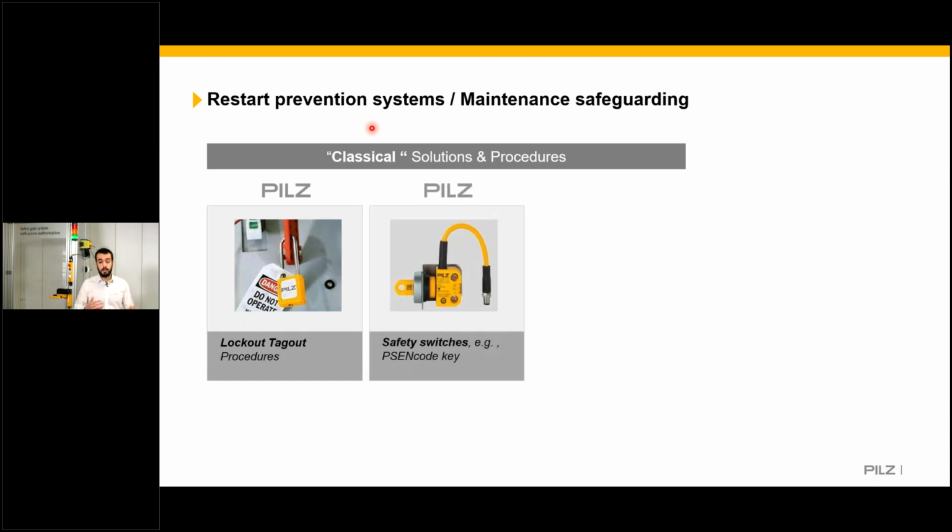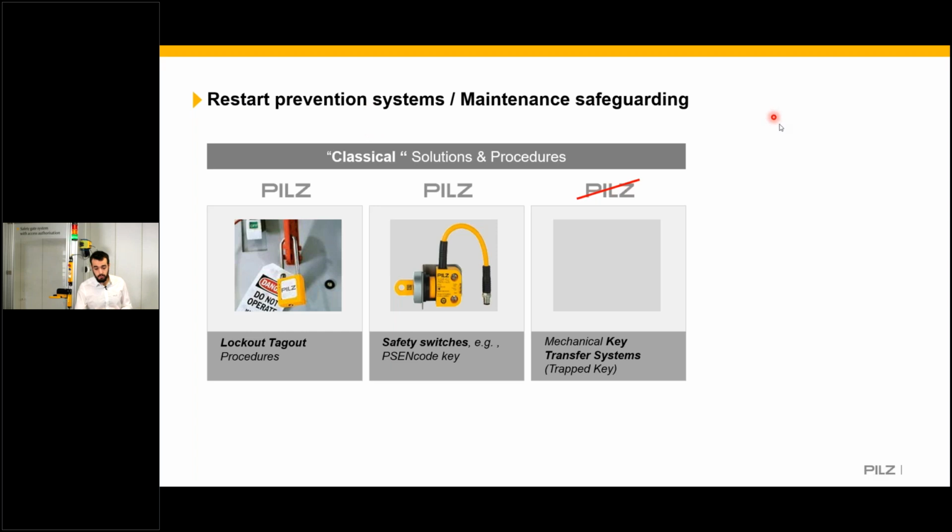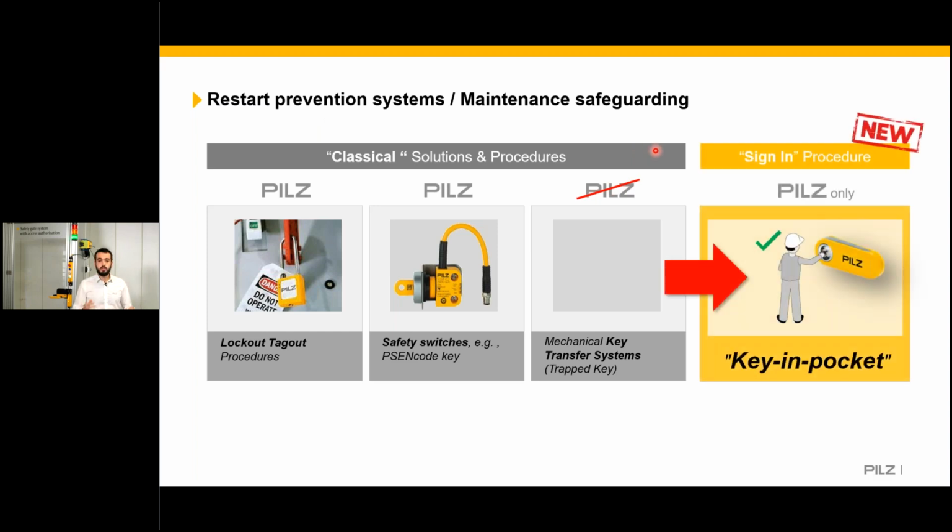We have also electronic keys like the peace and code switch key from our side, where you take the key with you, go inside, and once you have finished, you insert the key again, kind of a trapped key system. That's another solution that, of course, is available today from other competitors, from other providers. And we would like to explain why the key in pocket solution is different.